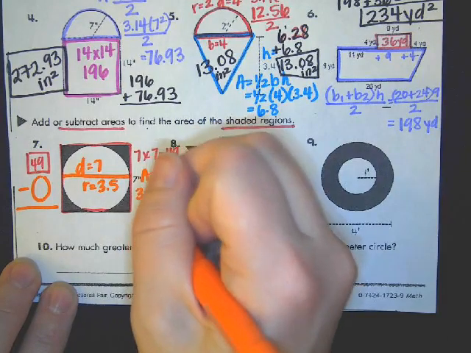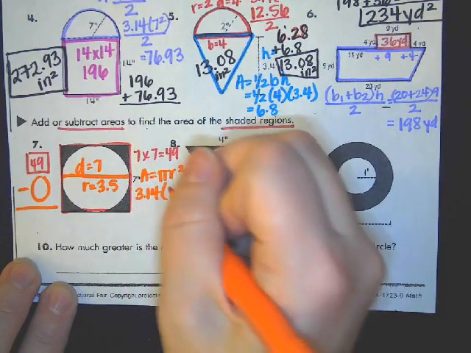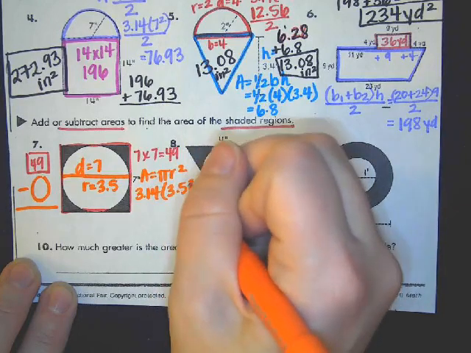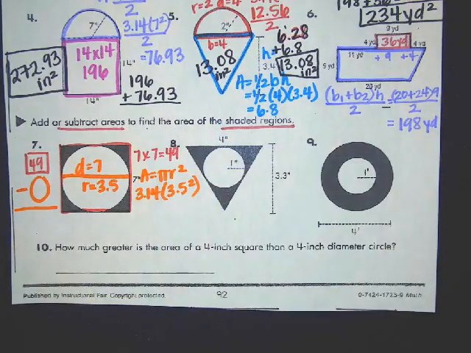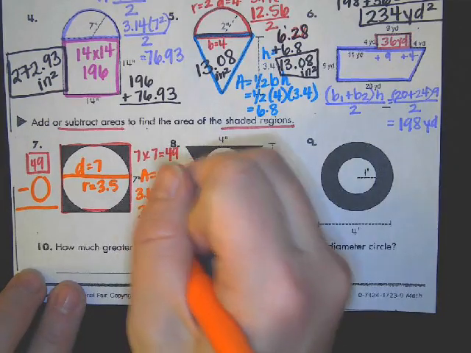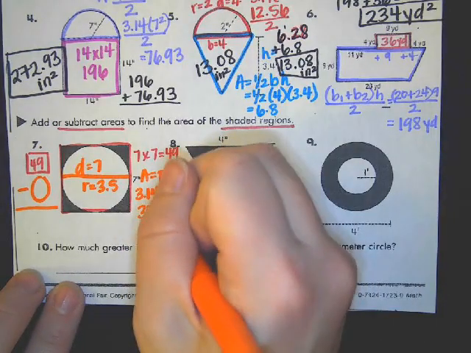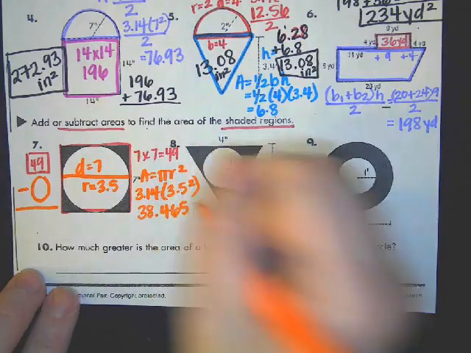Pi is 3.14 times our radius of 3.5, and we need to square that. In your calculator, when you go to solve, you're going to say 3.14 times 3.5 squared, and that gives us a total of 38.465.